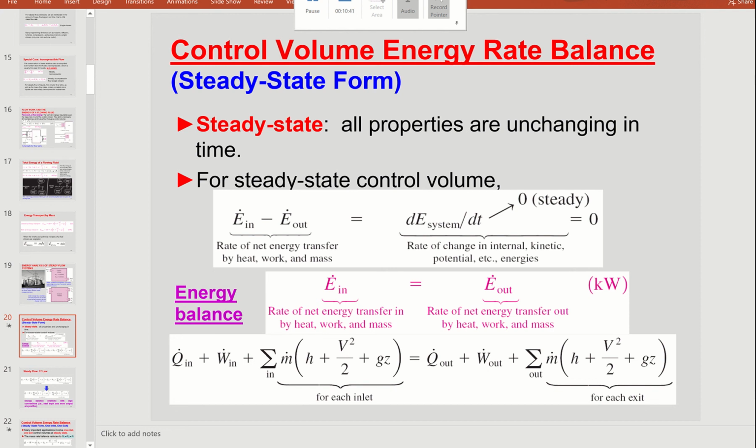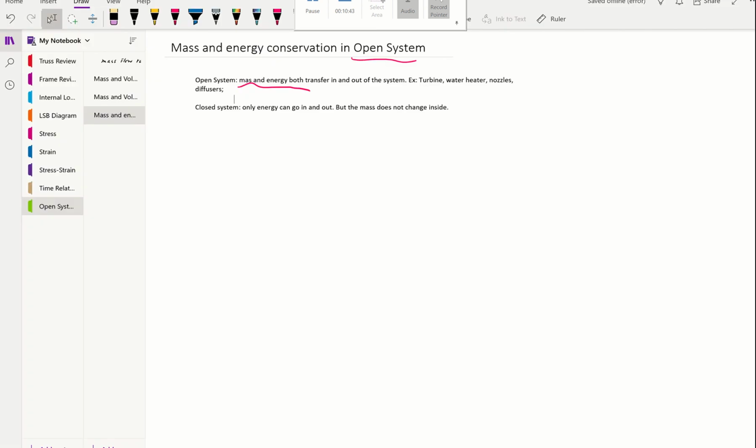So knowing that now, I'm going to write down those two major equations we just investigated, and here we are. It's our quick summary. So for mass conservation for an open system, we have the summation of all inlet mass flow rates equal to the summation of all outlet mass flow rates.